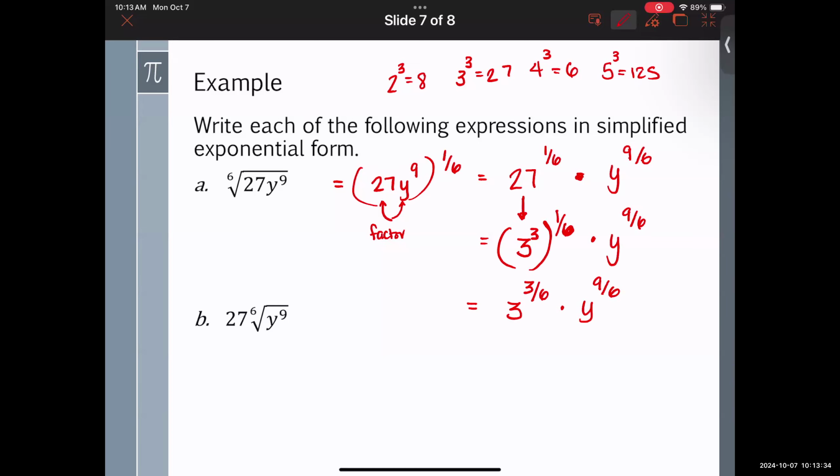If you can't do it in your head, you can certainly use your calculator. 3/6 is 1/2. And then 9/6, I think I can cancel a 3. 6 divided by 3 is 2, 9 divided by 3 is 3. So is this y to the 3/2?